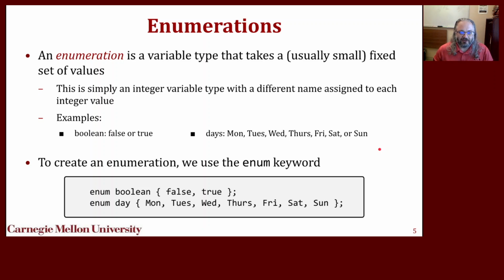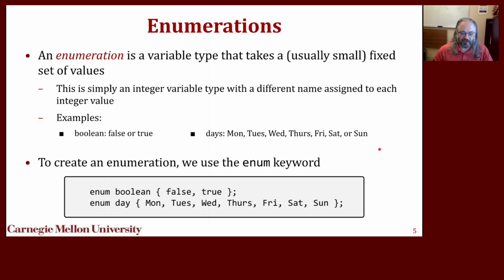Now, like I said, these aren't actually the values of the variables, they're names for the values of the variables. What's actually happening under the hood is the compiler is creating a collection of integer variables with the given names.